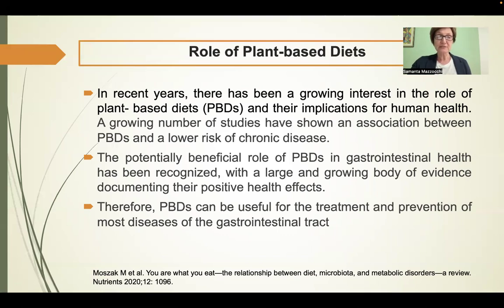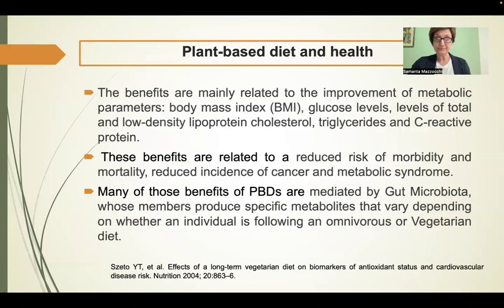The potentially beneficial role of plant-based diets in gastrointestinal health has been recognized, with a large and growing body of evidence documenting their positive health effects. Therefore, plant-based diets can be useful for the treatment and prevention of most diseases of the gastrointestinal tract.